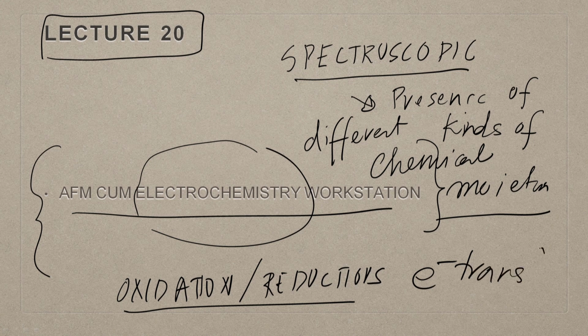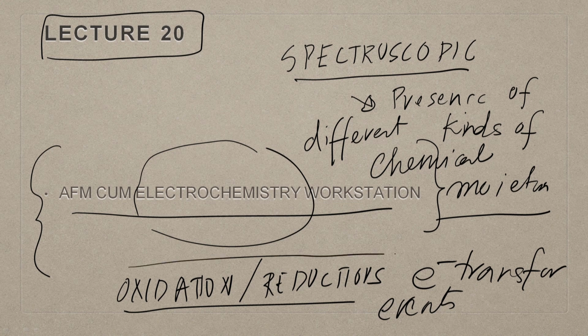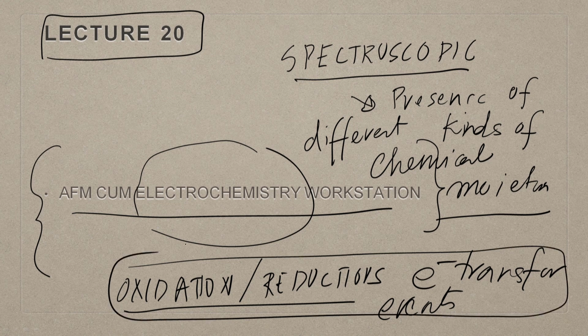In other words, there are electron transfer events which are continuously happening on the surface. And suppose we have to probe a surface like that, an electrically active substrate, where there is movement of ions and electrons are shifting places.